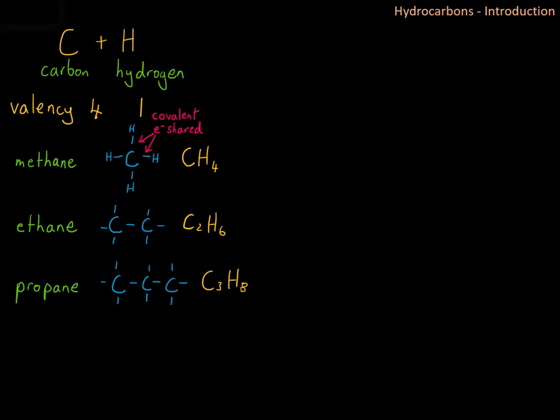Each time we add 1 carbon to the carbon chain, and we have a name for this series. We call this a homologous series. And these have 3 main properties.